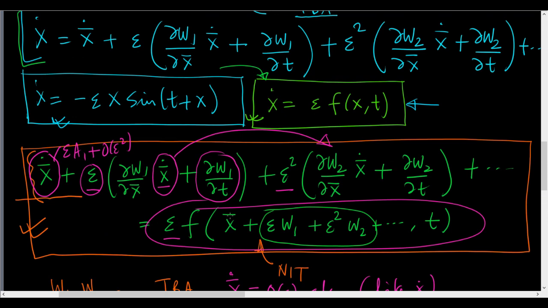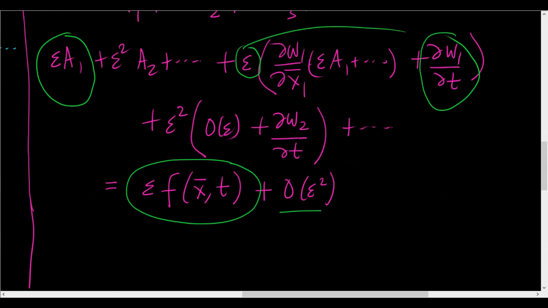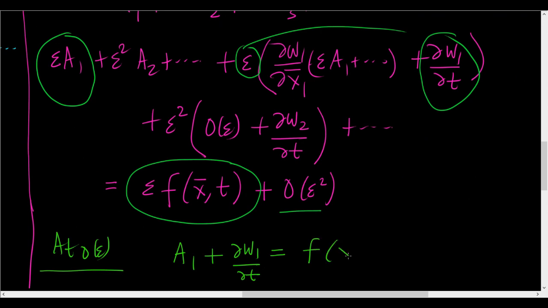At leading order, only this x bar remains. Okay, good. So at order epsilon, I have a1 plus del w1 del t is equal to f of x bar and t, and higher order terms will come.